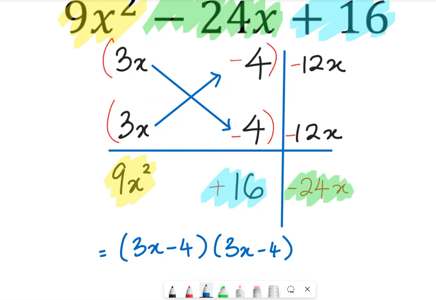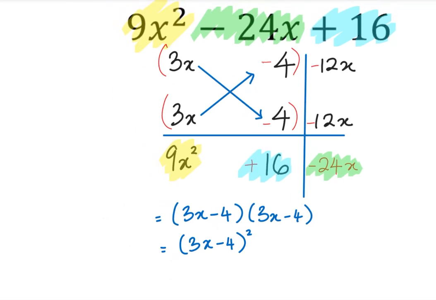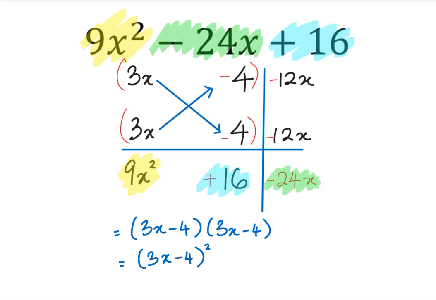I can also write this as 3x minus 4 in bracket, squared. 3x tolak 4 kuasa 2 dalam kurungan, barulah letak kuasa 2 kat luar, sebab dua-dua bracket ni sama. Okey, sebiji. So inilah cara kita buat pemfaktoran kalau ada 3 terms.